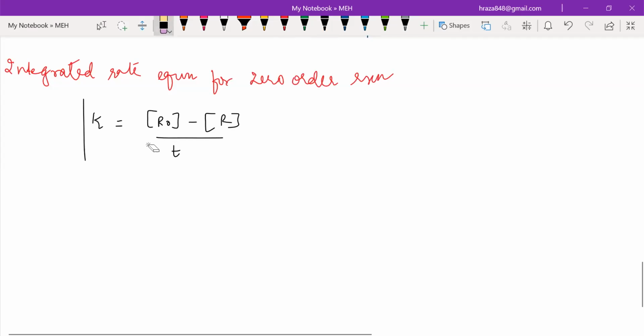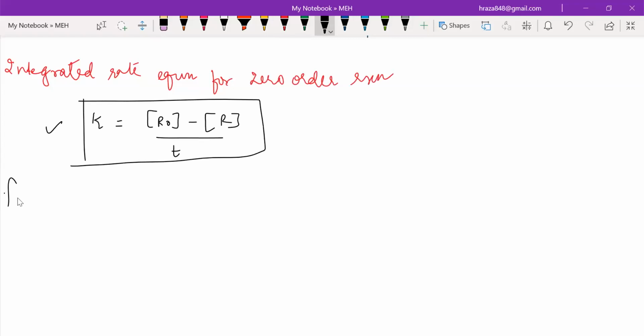Basically T it is. So this is the formula for zero order. For first order, K is equal to 2.303 by T log of initial by final concentration. Very good. So this is the formula, right?